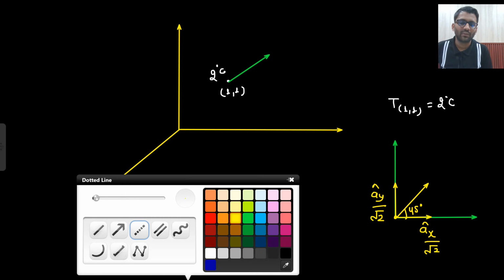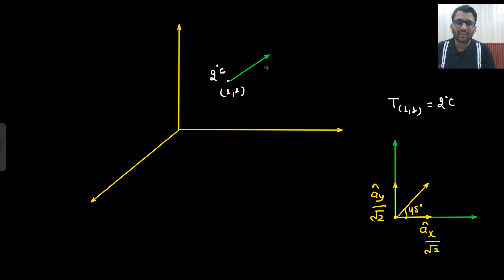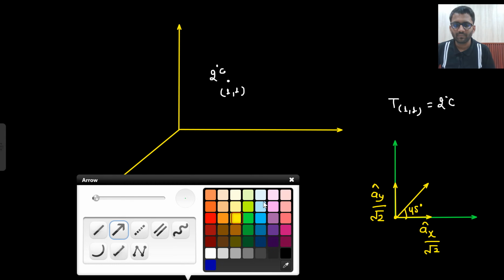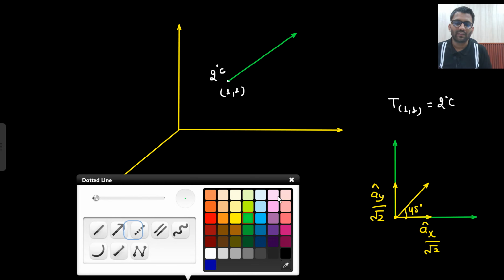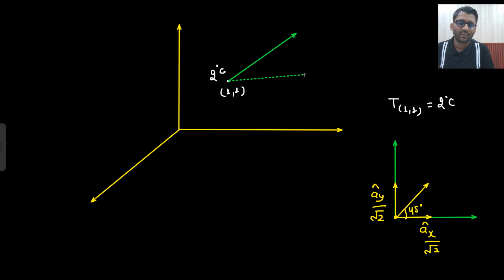So let's make it more clear. This is how it will go, making an angle of 45 degrees with the x axis and y axis. Right? 45 degrees and 45 degrees.